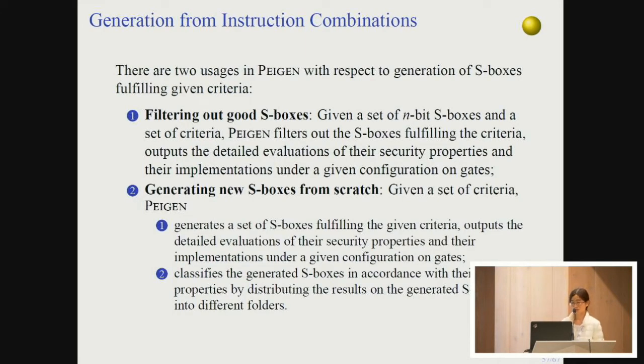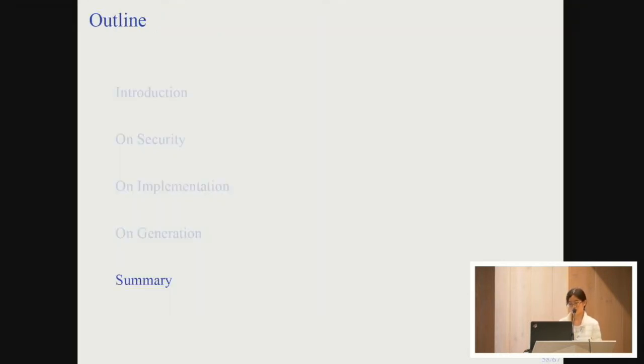So the two usages of Pagan are: if given a set of criteria together with a set of SBoxes, it can filter out those SBoxes fulfilling these criteria and output more detailed evaluations. And if only given a set of criteria, Pagan can generate some new SBoxes fulfilling the given criteria, and classify the result according to their detailed properties.